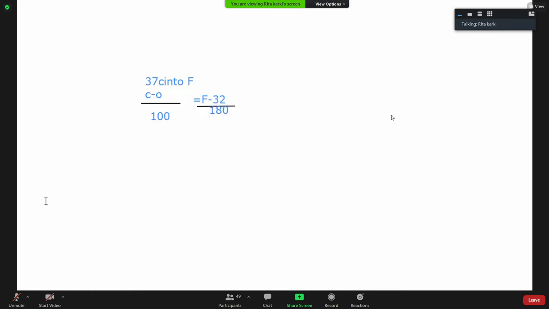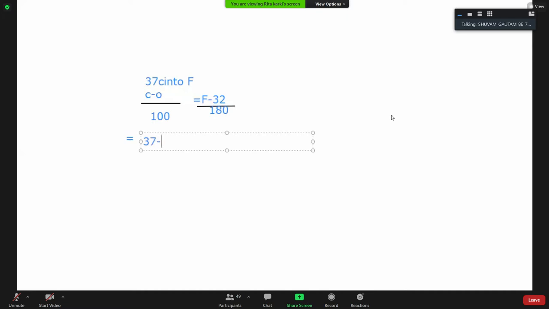So this is the formula for conversion of the centigrade scale. Instead of C here, what should we write? We should write 37.